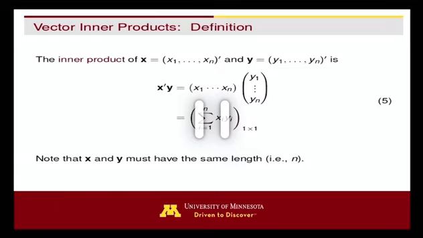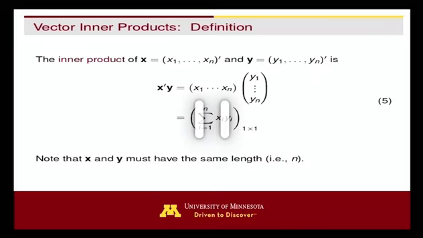I have a vector x and I have a vector y. I want to do x prime multiplied by y. The x prime has been given as a row vector, and y is a column vector, the transpose of y prime.